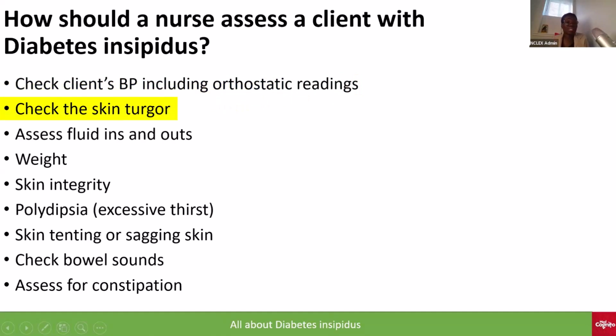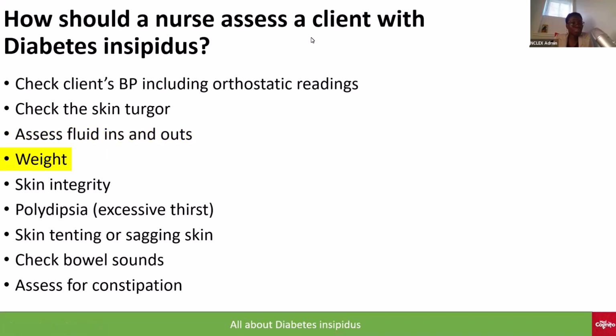And as the client is losing so much water, we have to assess for dehydration. One of the ways we assess for dehydration is to check the skin turgor. So check the skin turgor, assess the fluid. Is the client giving out enough urine? And is the client taking in enough? Because the client is losing a lot of water. And then we check the client's weight.